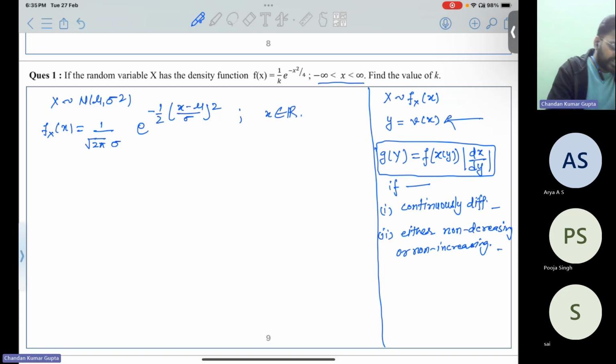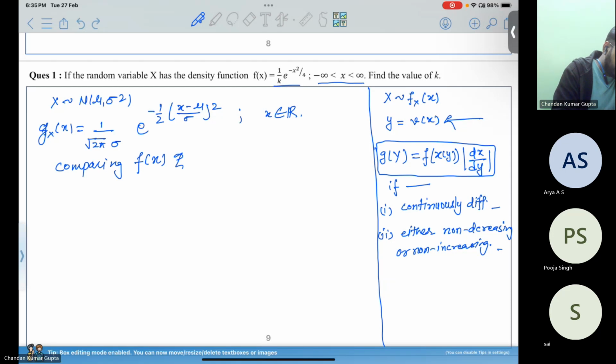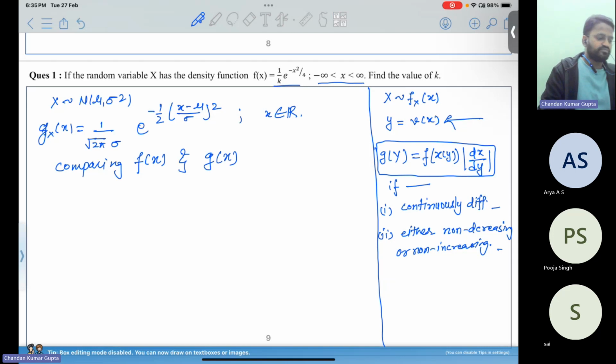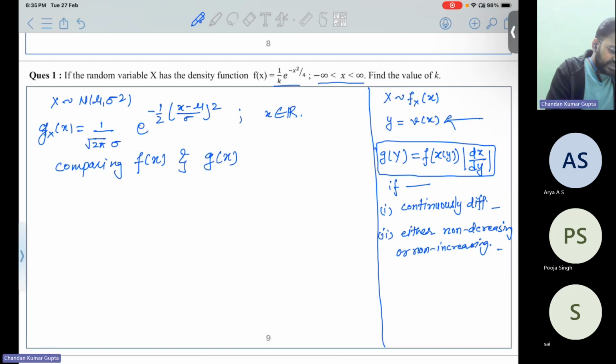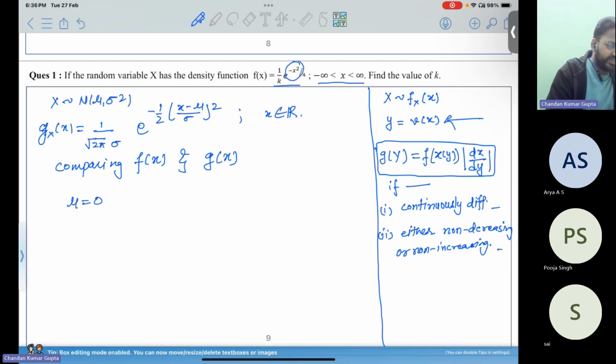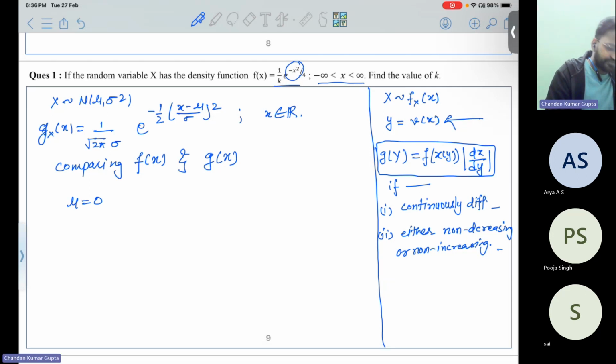After comparing these two, we will get some values. We can write it like g x. Comparing f x and g x, from x square only, it is clearly visible that mu equal to 0.